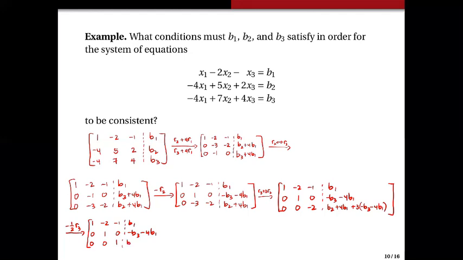But what we will have is the following: B2 minus 8B1 minus 3B3, and then you divide this by 2.